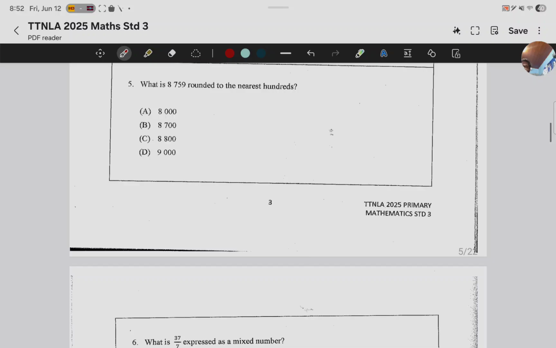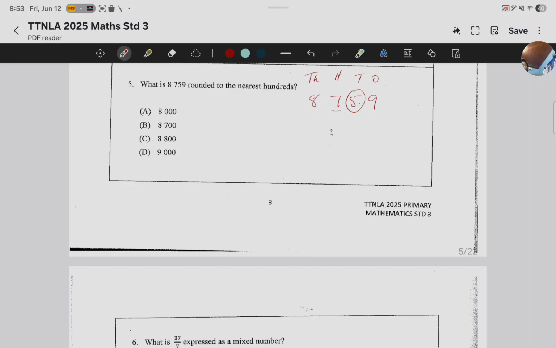What is 8,759 rounded to the nearest hundred? When we round it off to the nearest hundred, we look at the hundreds position and the tens position. We look at the tens position here and we realize it is a 5.